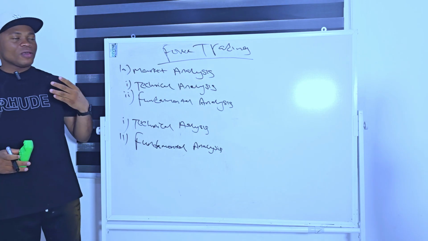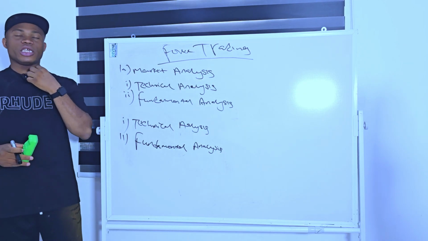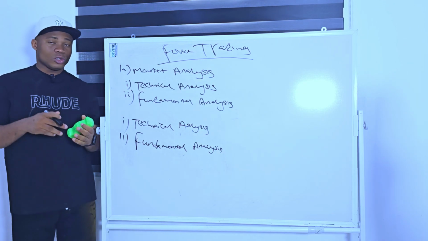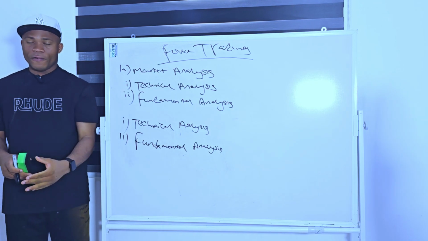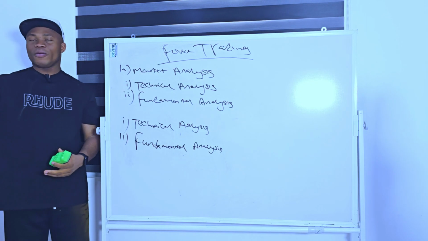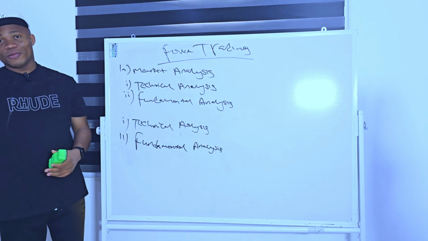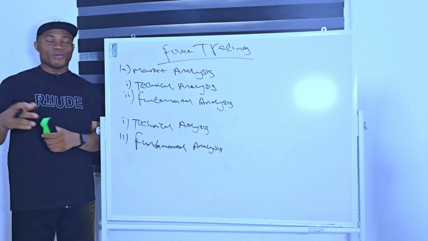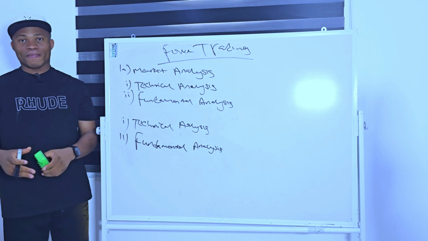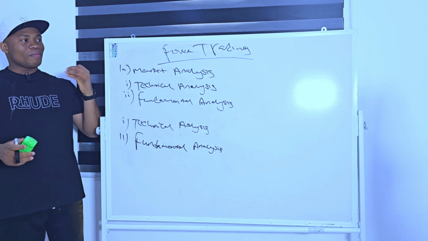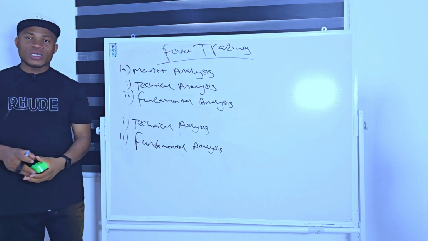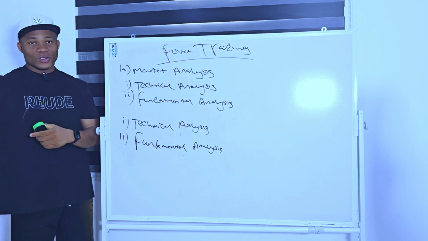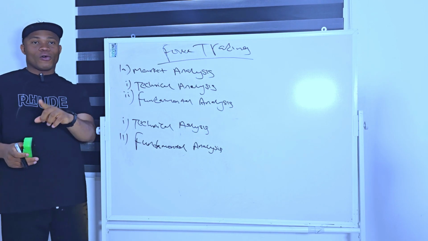For example, let's say US president Donald Trump is saying that the dollar is going to sell from here, and maybe Elon Musk is saying that GBP is going to buy from here. Based on the influence of Donald Trump and the influence of Elon Musk, you can decide, okay, let me follow this.